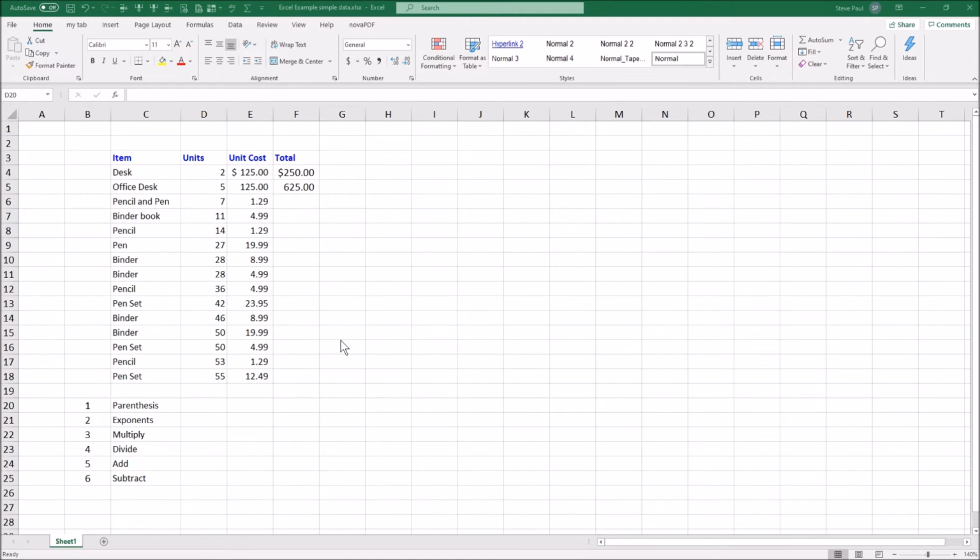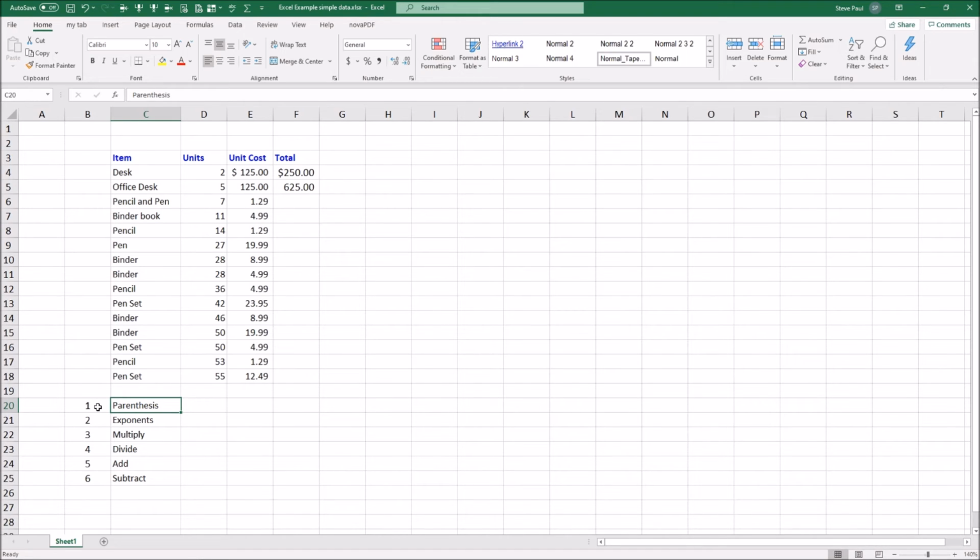Back on this worksheet, we're going to go over a few things. Here we have a little chart with the numbers, parentheses, exponents, multiply, divide, add, and subtract.